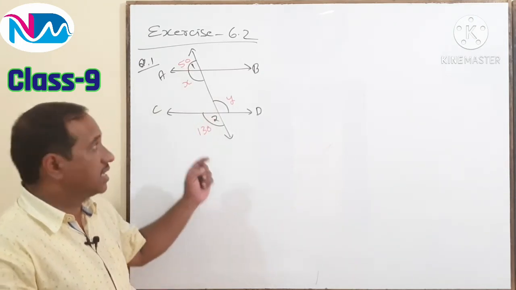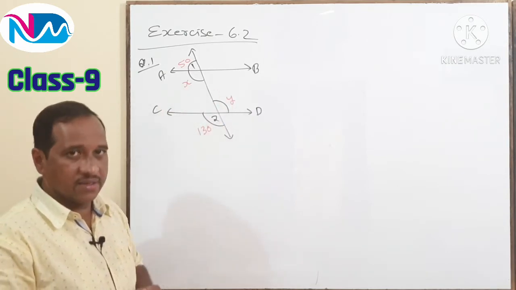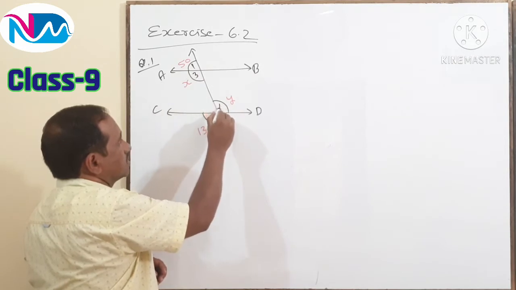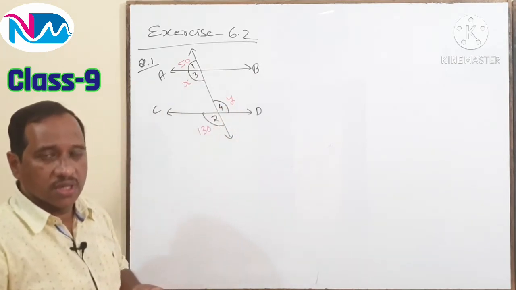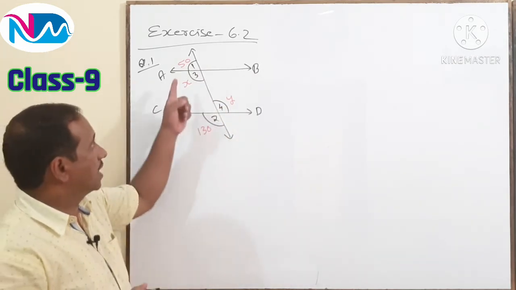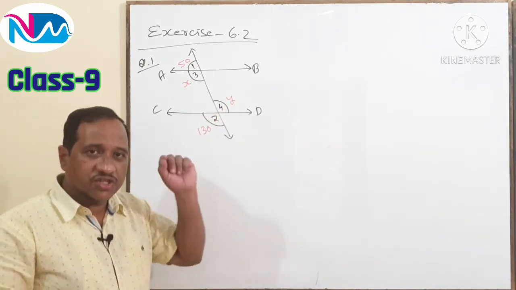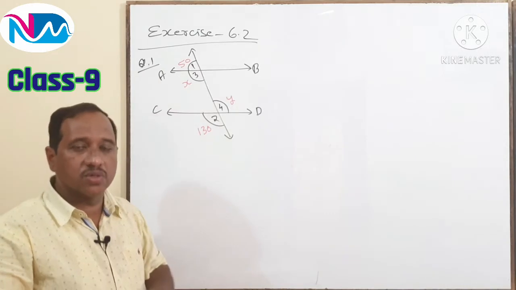We have to find the values of x and y. This is angle number 3 and this is angle number 4. We have to find the values of angle 3 and angle 4, that is x and y, and show that AB is parallel to CD.